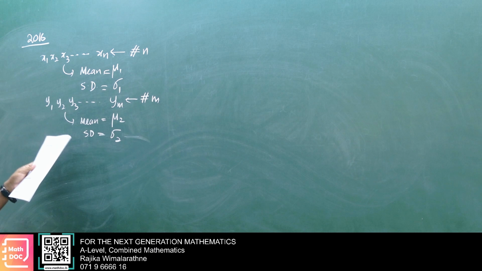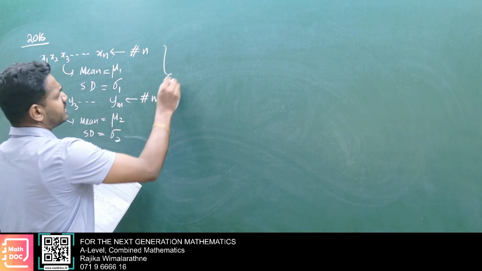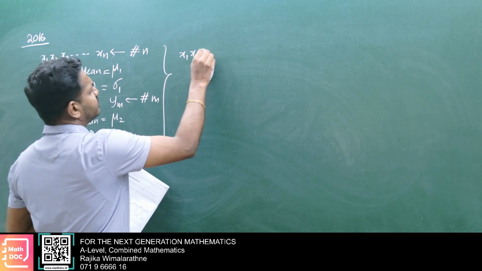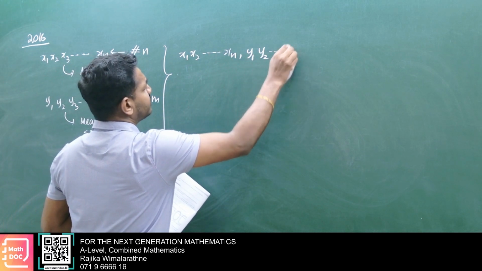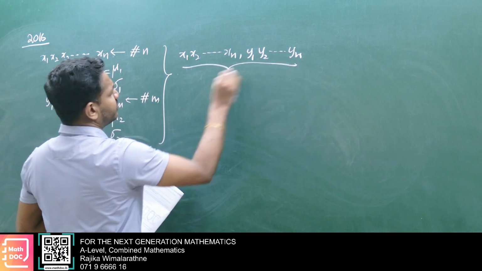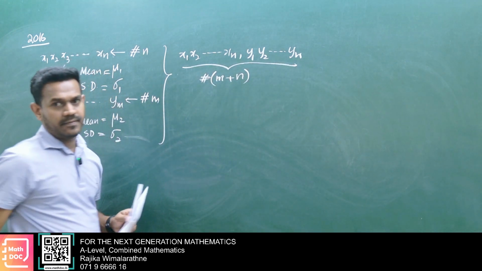Now we have to combine these sets. The combined set x1, x2, up to xn, y1, y2, up to ym, has total count m plus n.